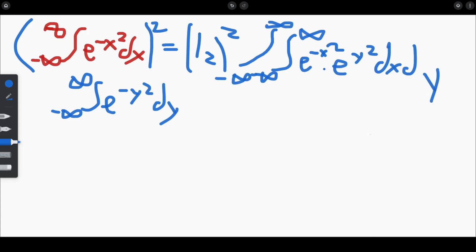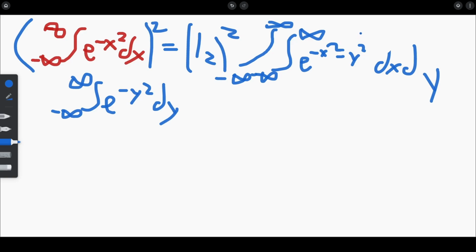So now we have this double integral here, and we all know how exponents work. If I have e to the n times e to the m, I could just add the exponents together. Same goes here. So I'm going to do that.